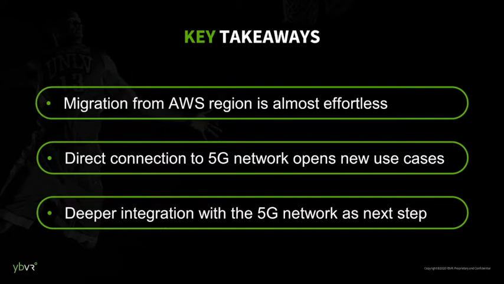When the network understands that the service running on it has some specific requirements, we can get much better performance, a more reliable solution, and serve more end users in the end. So that's for us really the next step.